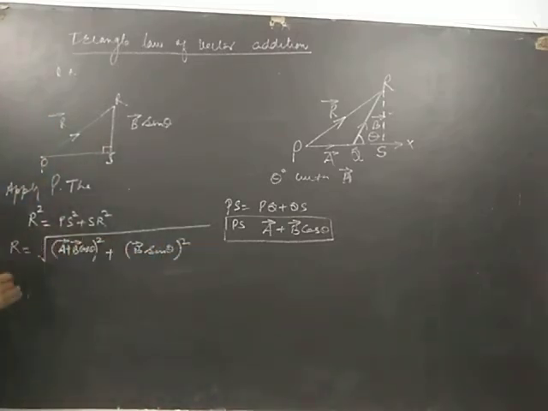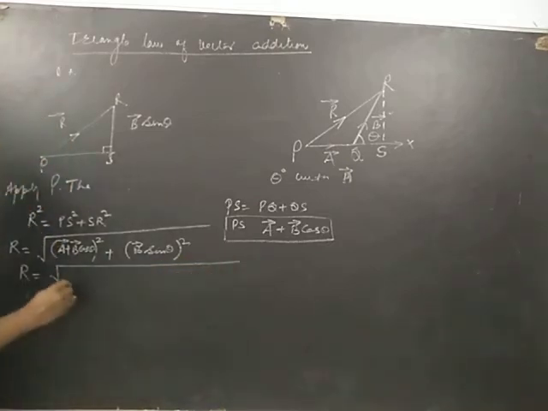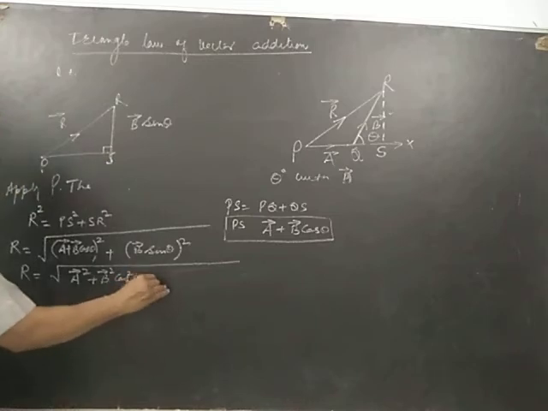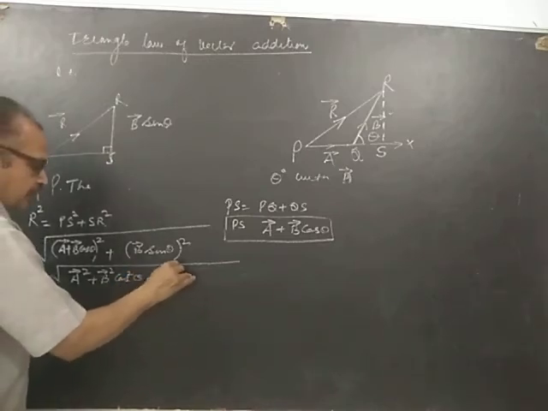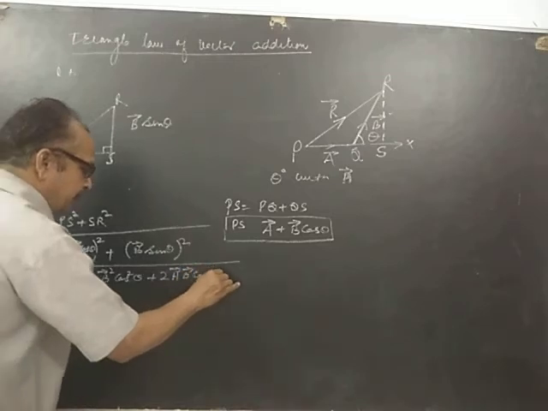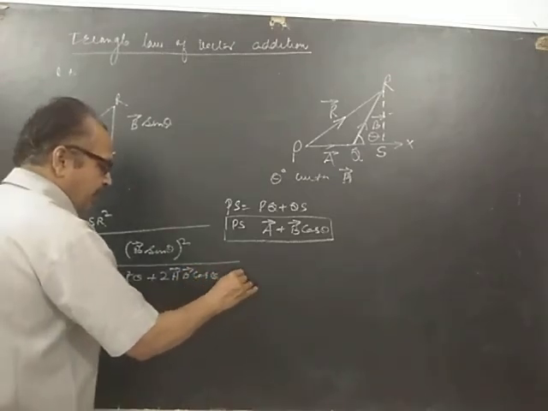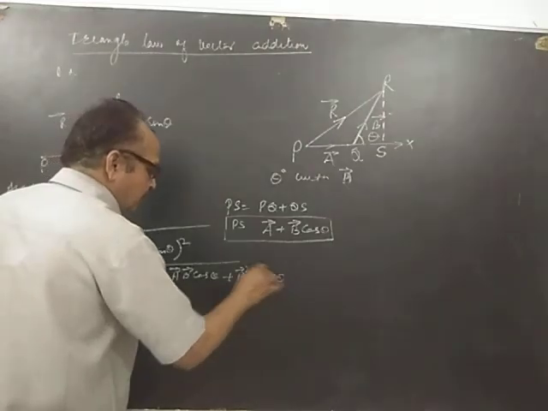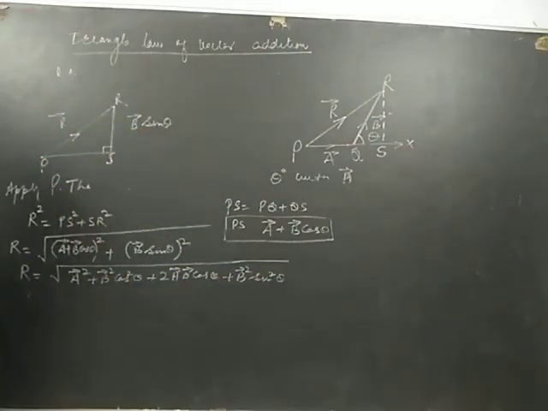When you open this with simple mathematics, what do you get? R is equal to under root of A square plus B square cos square theta plus 2AB cos theta plus B square sine square theta. Simple mathematics, because this is A plus B whole square.